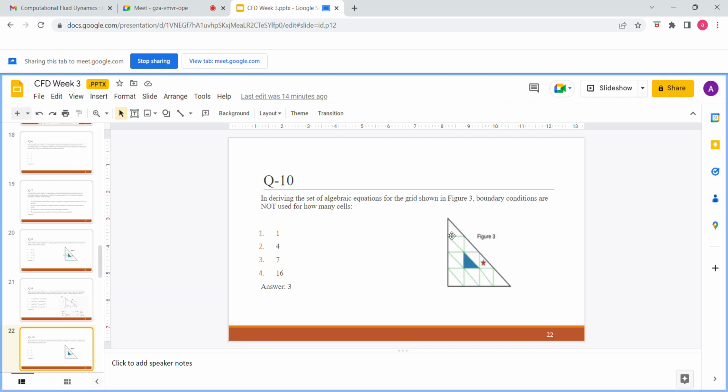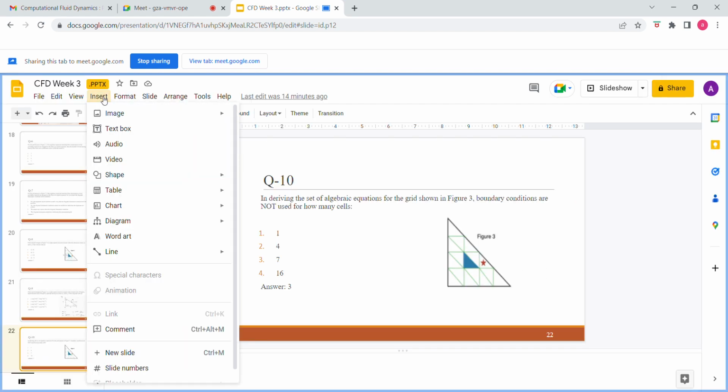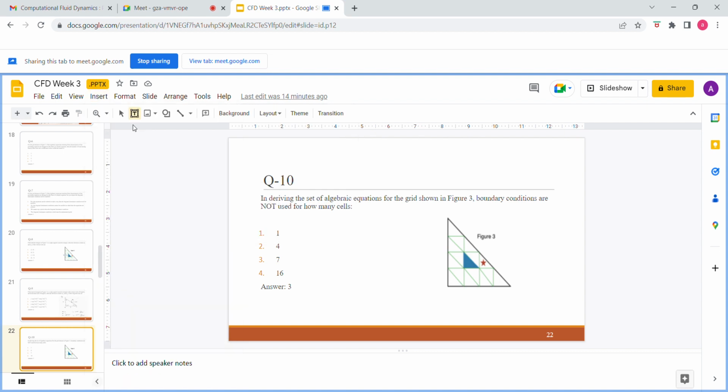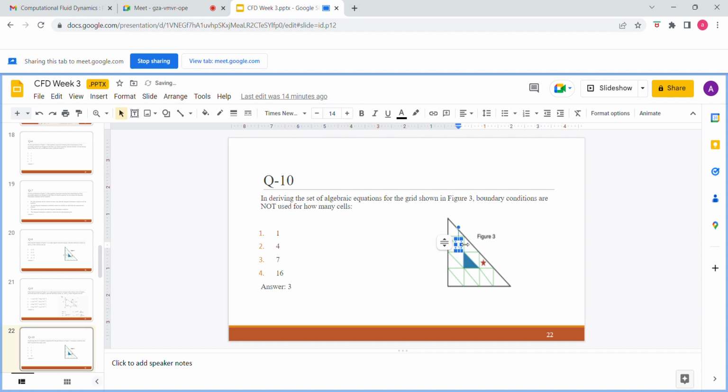For example, the cell is not using boundary condition, so we'll mark it as 1.